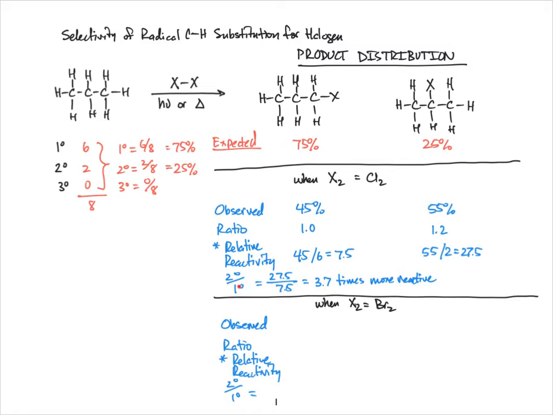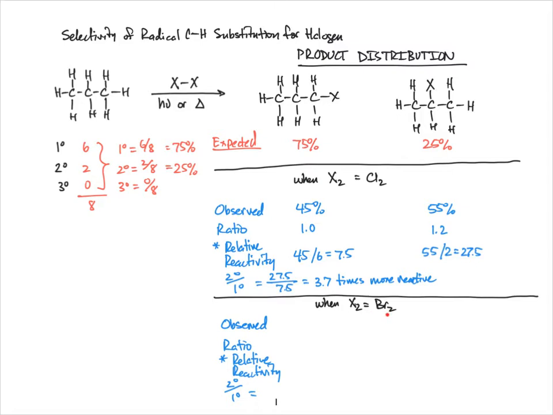What you're doing here is comparing the types present in the molecule. So secondary over primary, you just take those numbers as the quotient, and it tells you the secondary hydrogens are 3.7 times more reactive than the primary. This is the analysis when the halogen is chlorine.